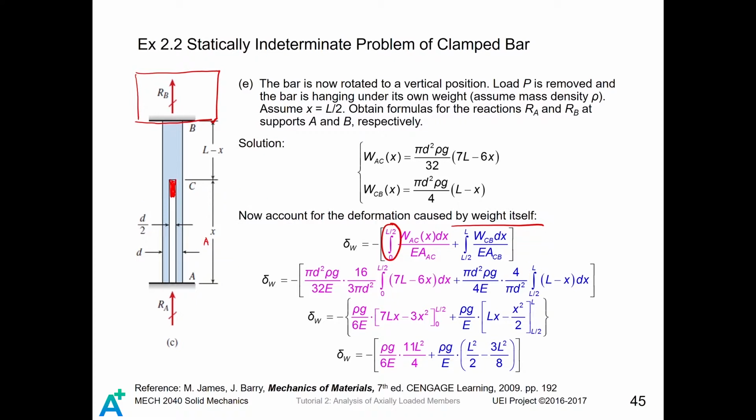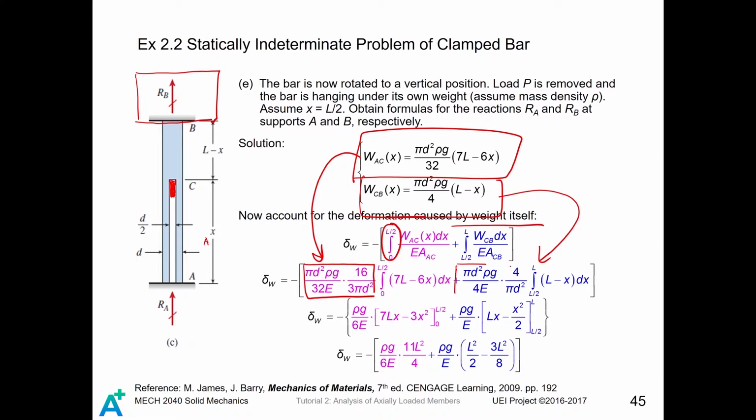Similarly, for the deformation from L over 2 to L, we have WCB dx divided by E times the cross-sectional area of CB. And then we substitute our results into this expression. We take out all the possible constants from this integral. Similarly, for this one, put it in. Then we do a lot of cancellations in these constant terms.